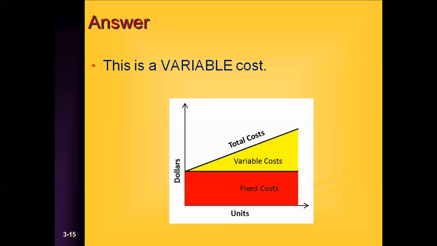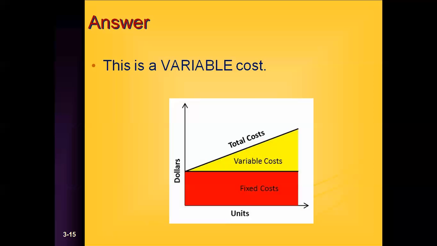If you plotted those points, it would probably look like a graph very similar to this. The curve would behave like the variable cost, whereas units increase, the total cost increases. And again, the example here being an iPhone.